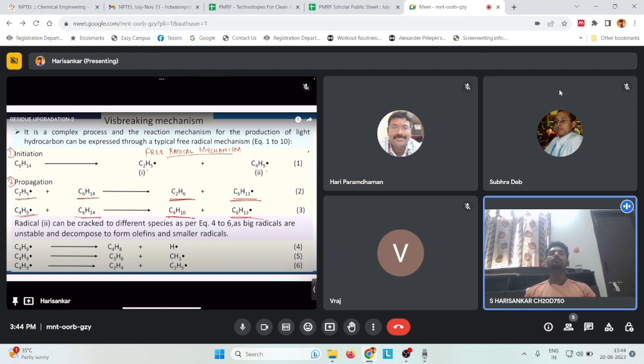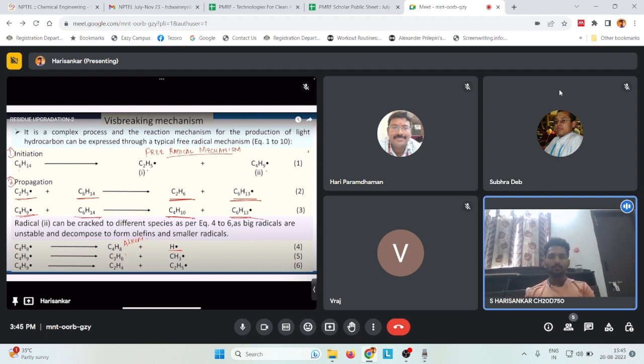So these free radicals can then be broken down into smaller chains. This C4 free radical can be broken down into a C4 double bonded alkene and a hydrogen free radical. Or this C4 free radical can form C3 or C2 alkenes along with methane and ethane free radicals.